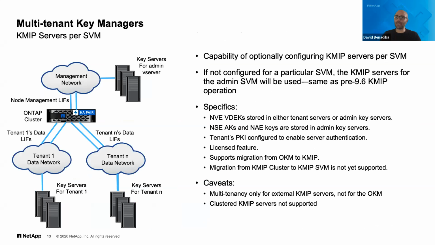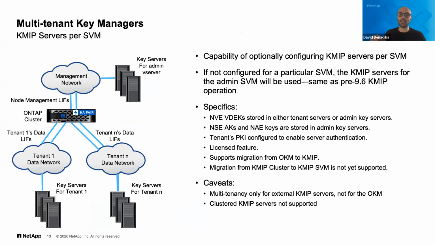Okay, one more thing I would like to introduce. As you may already know, with ONTAP we have the ability to split an appliance into different tenants, also called SVMs. Since release 9.6, we can have multiple tenants using multiple different KMIP servers.